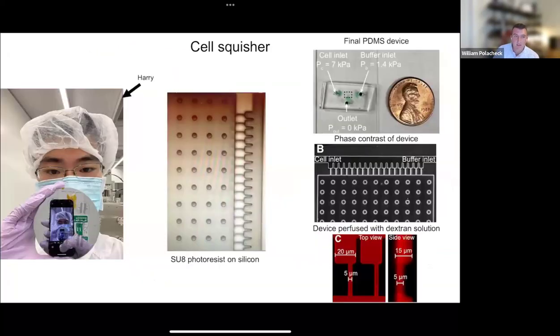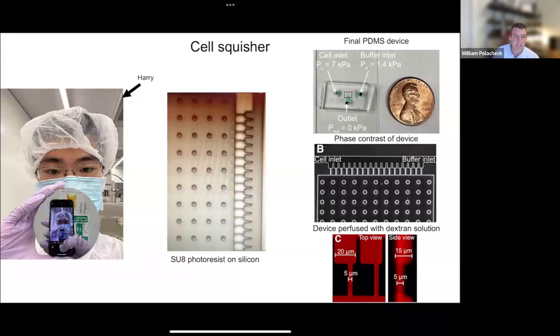Then with those masks, we can go to the clean room. This is Harry. He is not making the squishing device, but Anya, the person working on it, was too self-conscious to send a selfie. So we stuck Harry in there instead. But part of the reason I show Harry is because he is an undergraduate in our lab who learned these techniques in a semester. And I just want to use that as an example, not to say that Harry was not an extremely talented person.